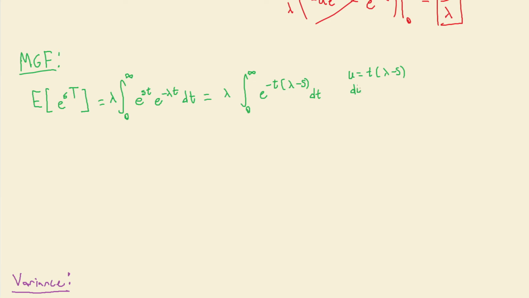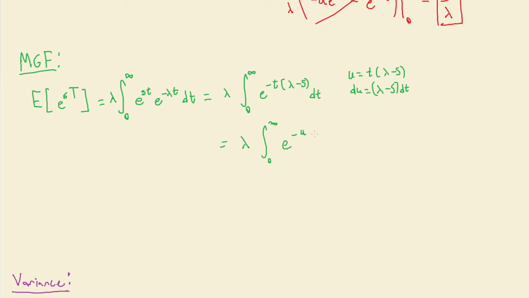And then du here is going to be equal to, we'd get lambda minus s dt. And if we wanted to solve for dt, we'd just do du over lambda minus s. And so now this integral is going to reduce to lambda times the integral from 0 to infinity of e to the negative, then what do we get here?